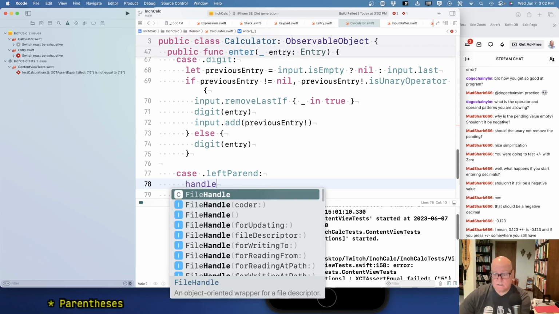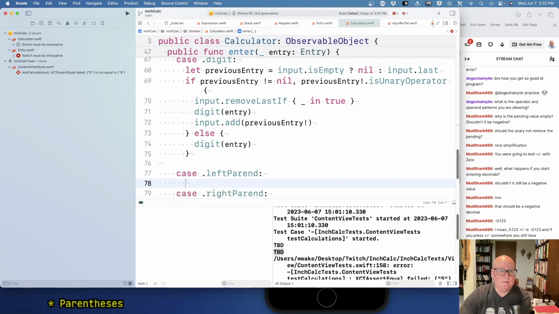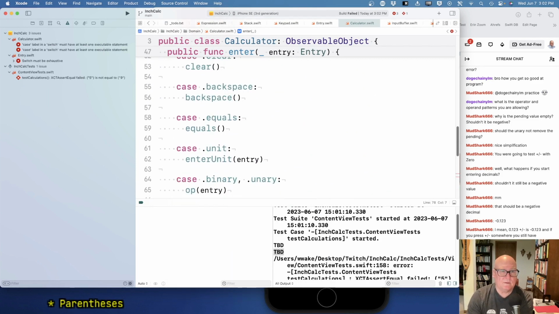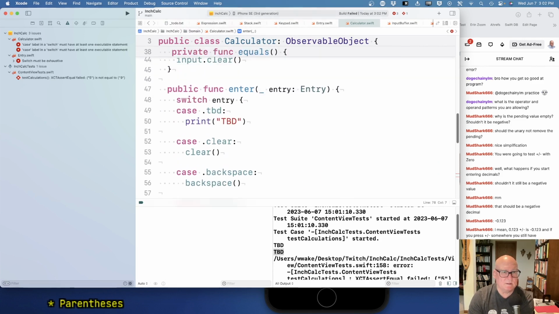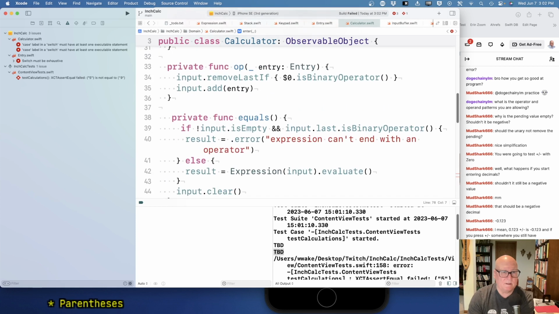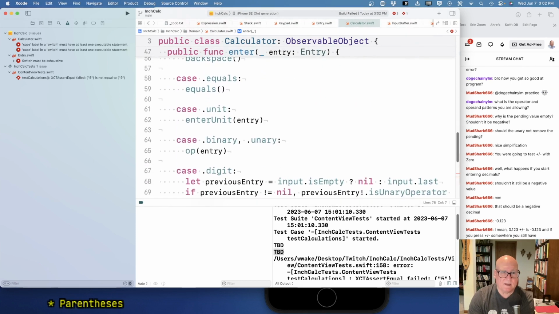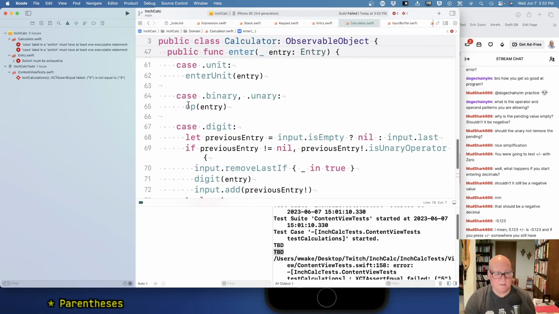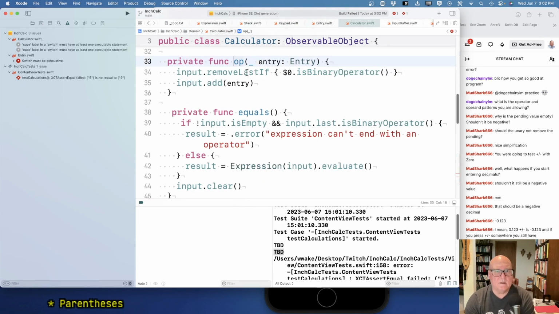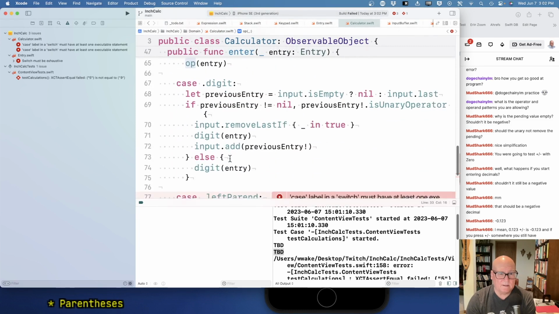Okay, well, maybe this is too easy. If you do 3 plus parentheses, I mean, I think we already pushed the operator on the stack, right? So yeah, it just adds that to the stack. So we don't have to worry about that.